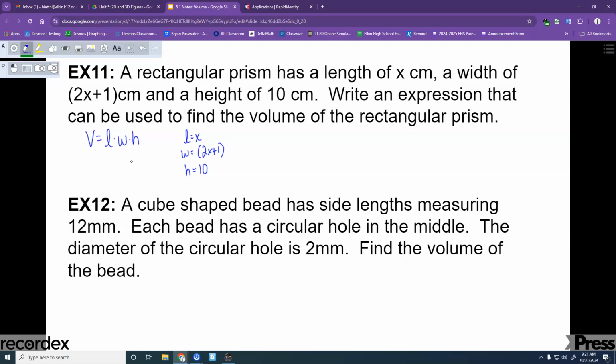Okay, so we're not going to get a number answer for this whenever we do this problem because we're plugging in variables, right? So my volume is going to be, instead of length, I'm going to put x. Instead of width, I'm going to put 2x plus 1. And instead of height, I'm going to put 10.